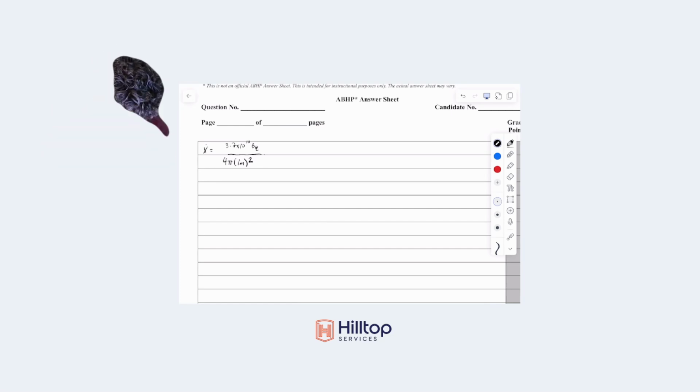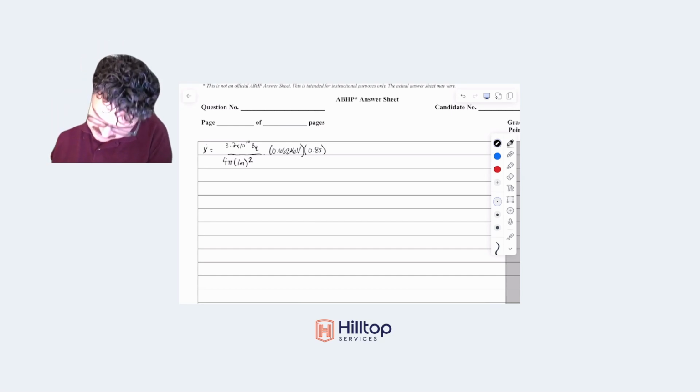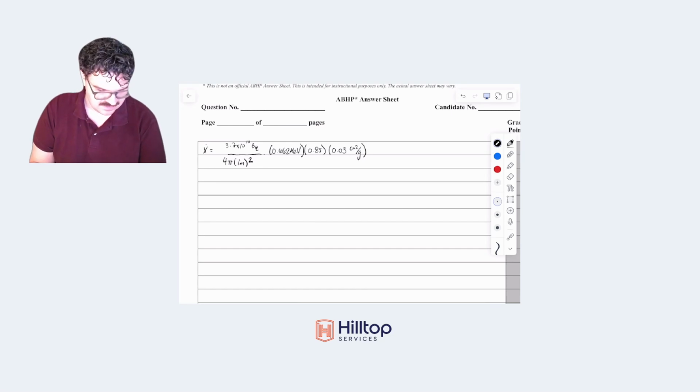We're going to multiply this by our 0.662 MeV, multiply that by our 0.85 yield. Okay, that's our summation term. And then we're going to multiply by our 0.03 centimeters squared per gram. This is our mu En over rho. Okay, technically that's our exposure.